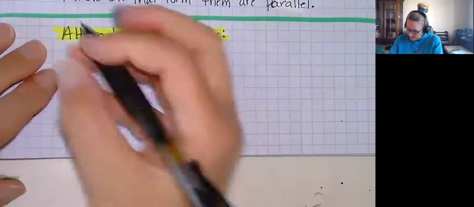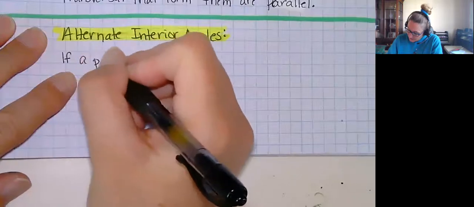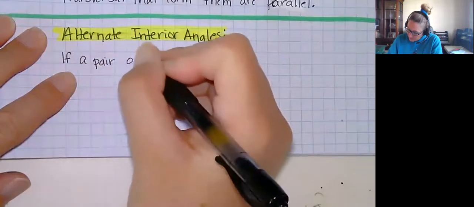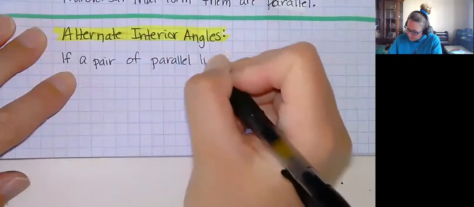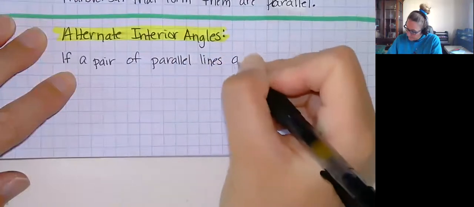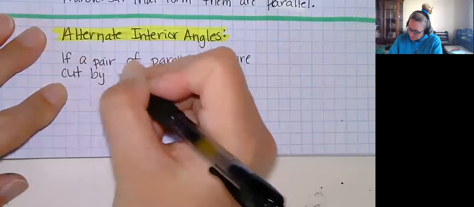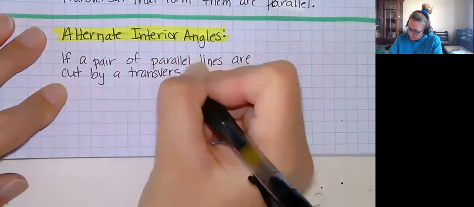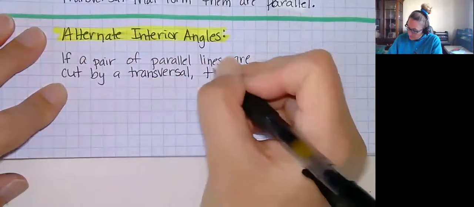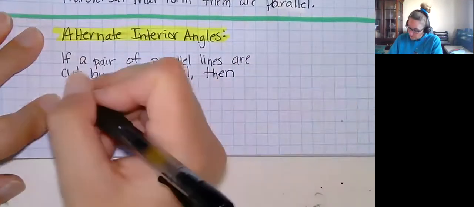Okay, so again, if a pair of parallel lines are cut by a transversal, then alternate interior angles are congruent.